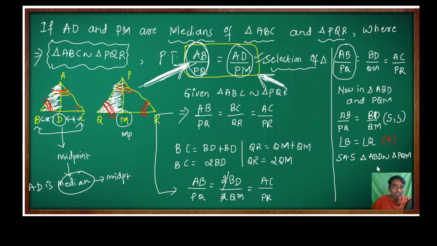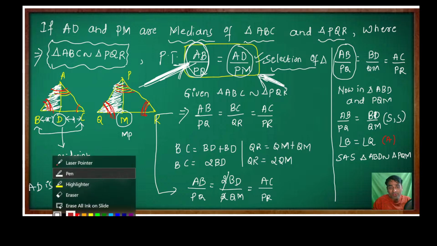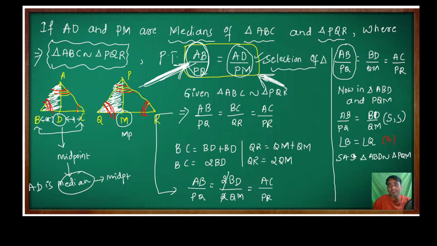Now, if these two triangles are similar, then you have the authority to write any two corresponding sides equal. So finally you can just write, implies AB by PQ is equal to AD by PM, which is our proof.